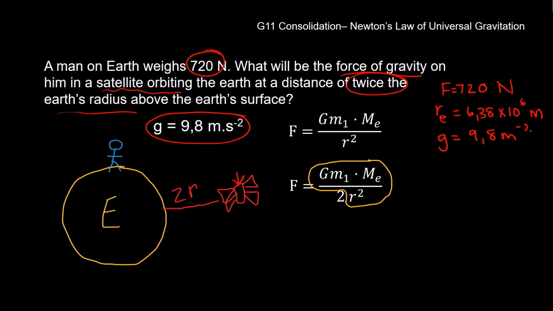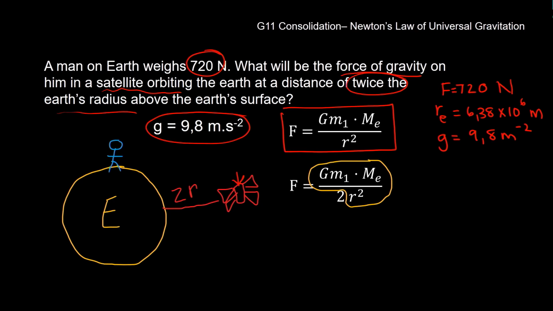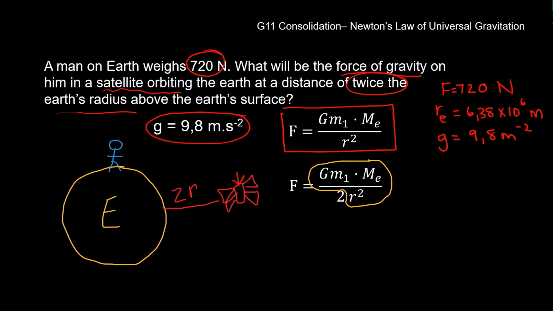Right. From Newton's law of universal gravitation, we have the formula. Now, this force that he experiences on Earth, the 720 newtons, that is what we get from this formula that I've outlined here. Can you see it there?